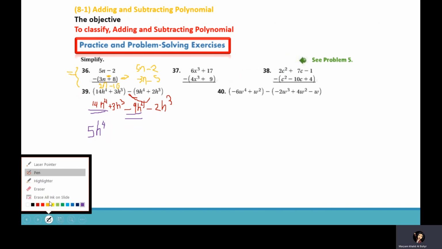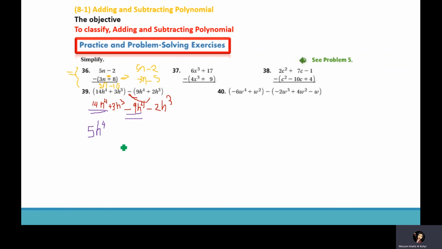Next, do we have anything like this term? Yes, we have this term. So 3h to the power 3 minus 2h to the power 3. So 3 minus 2 is plus 1. Plus 1h to the power 3, which is exactly the same as if you don't write anything here, 1h, which is h, like this.